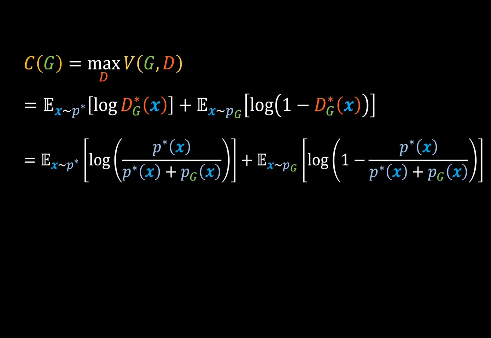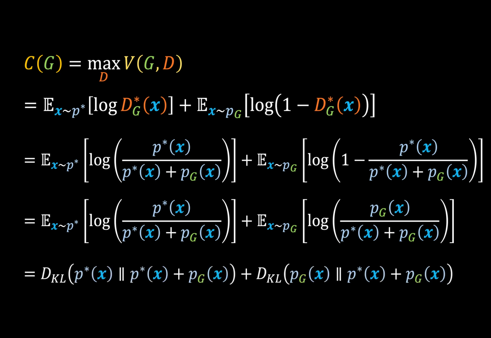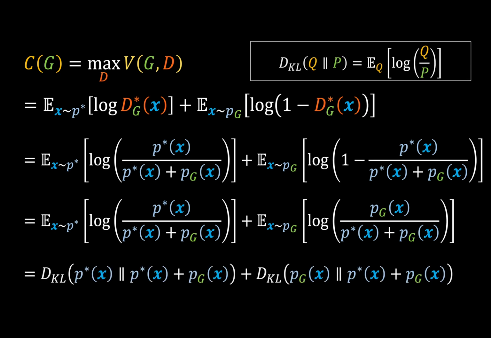The first step is to realize, through some clever working, that what we actually have here is the sum of two KL divergences, where we recall the definition of KL divergence as the expected difference of logs.